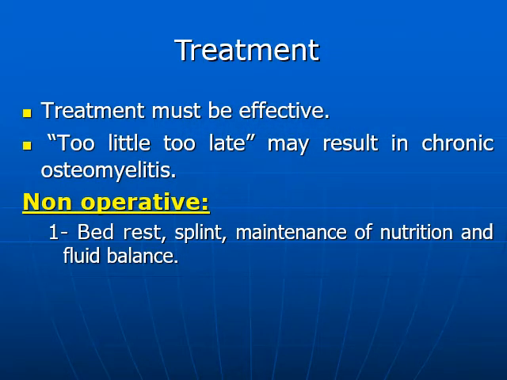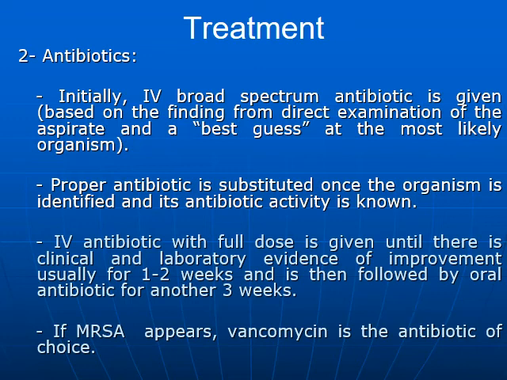Treatment should be early: bed rest, splint, and maintenance of nutrition and fluid. Give antibiotics initially; an intravenous broad spectrum antibiotic is given. When you know from culture of the aspiration what the effective organism is, you can then give the effective antibiotic.